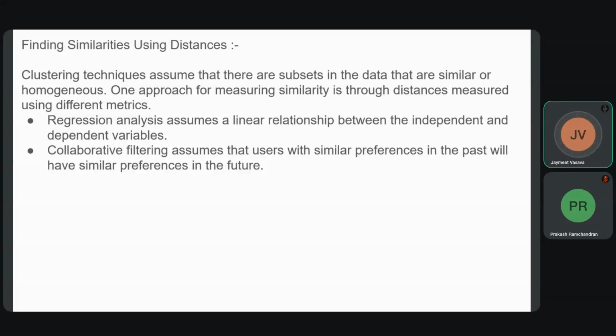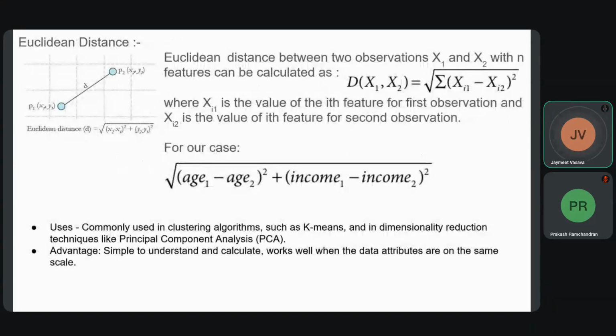So one approach for measuring similarity is through distances measured using different metrics. First is the Euclidean distance. Euclidean distance is a very common distance. You can see the image on the top left.